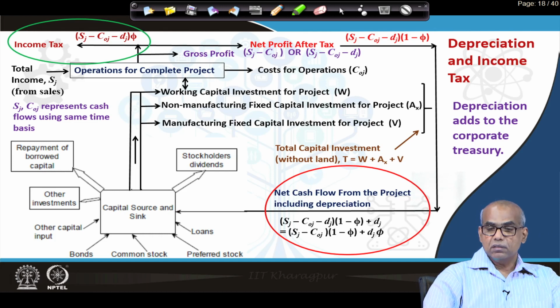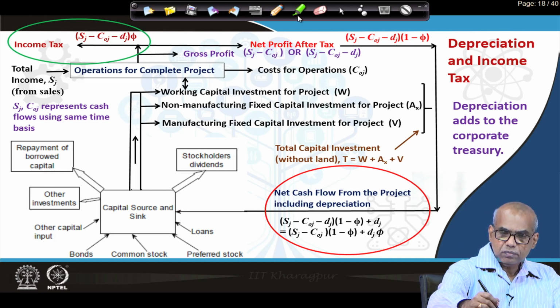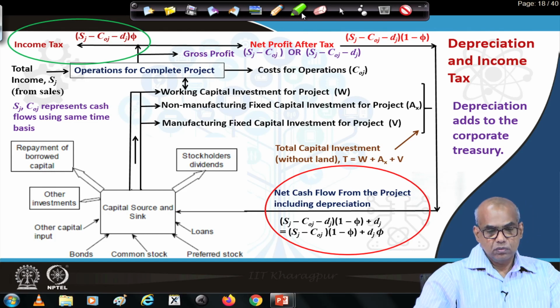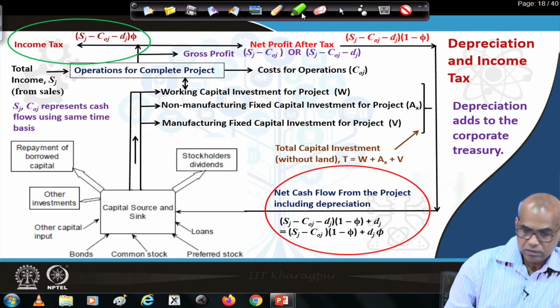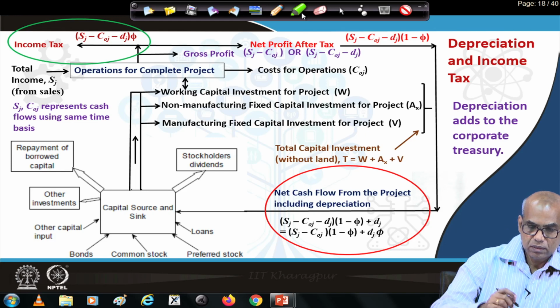Now, this is the cash flow tree diagram that we have already discussed in the previous module. Now, look at this block.